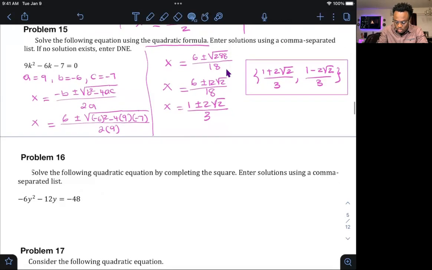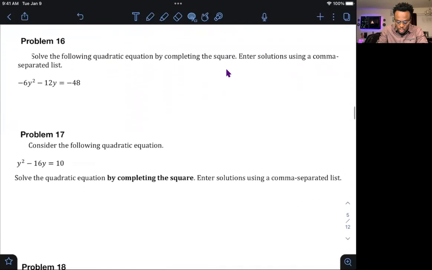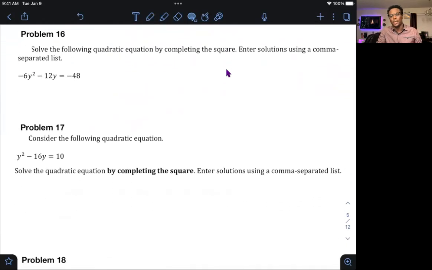Next problem, it says to solve this problem by completing the square. If you want to solve this by completing the square, you want to make sure that the constant is on the other side of your equation, and also you should divide each term of this equation by the coefficient of y squared, because when you use completing the square, your squared term should have a coefficient of 1.